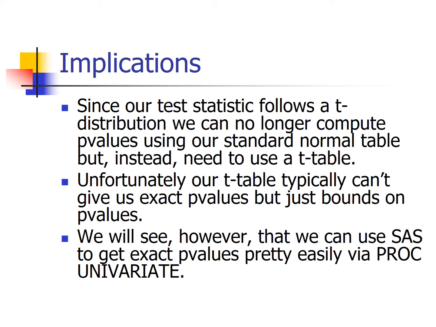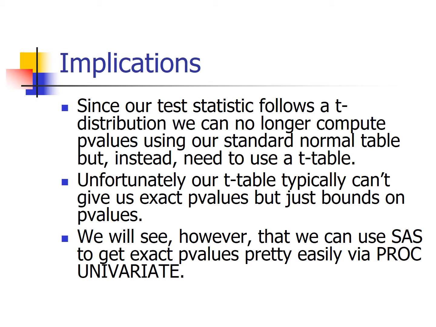So since our test statistic follows not a z distribution as in our previous hypothesis tests, but instead a t distribution, we can no longer compute the p-values using a standard normal table, or the probit function, or the pnorm, or whatever it is that we were using. Instead, we have to use a t-table, or some function in SAS and R that will calculate t probabilities.